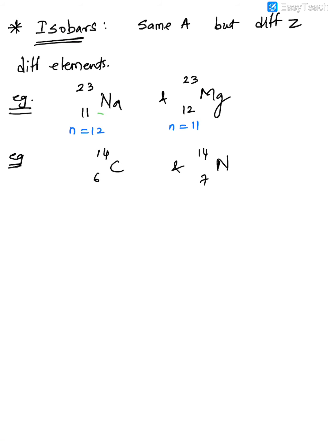The number of neutrons and the number of protons are interchanged. Whenever the number of protons and neutrons are interchanged, these isobars are also called mirror isobars. I'll repeat once again: when the number of neutrons and protons get interchanged between the two atoms, they are called mirror isobars.